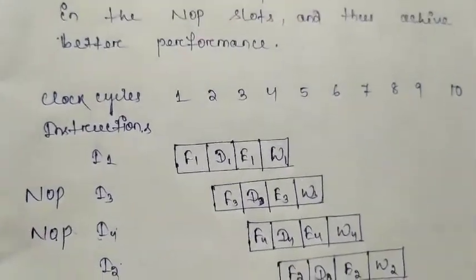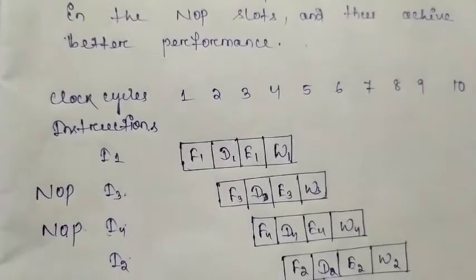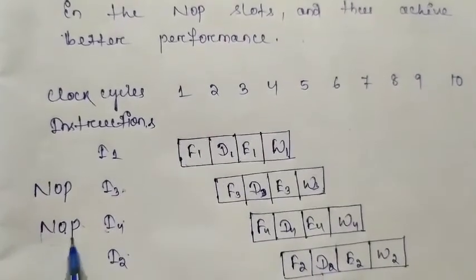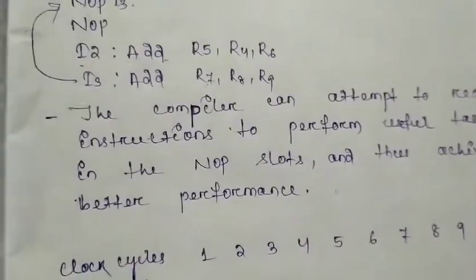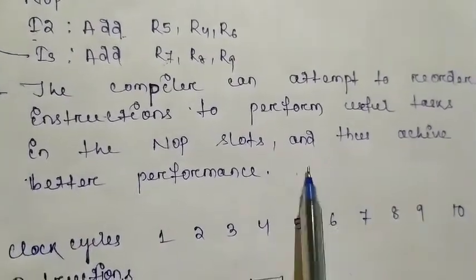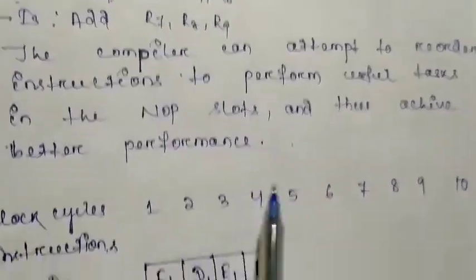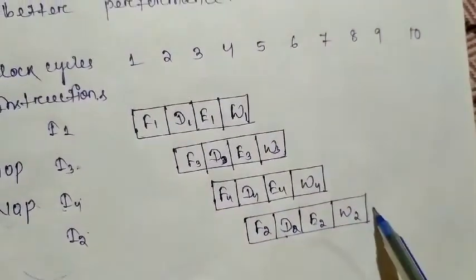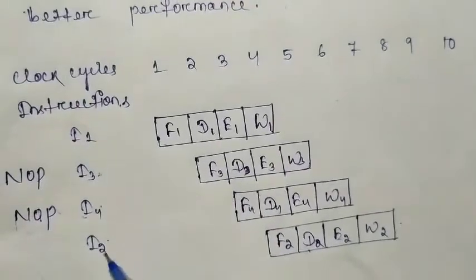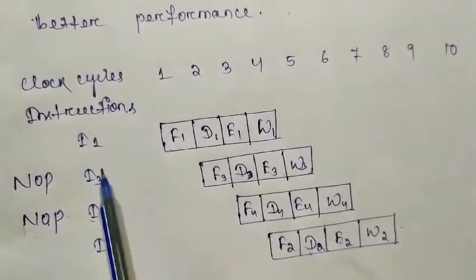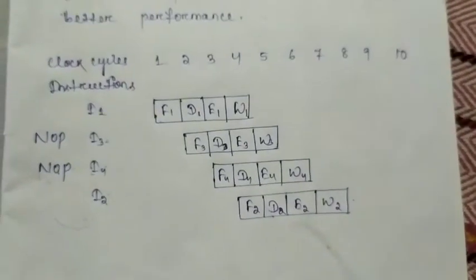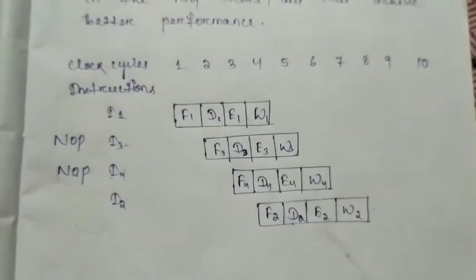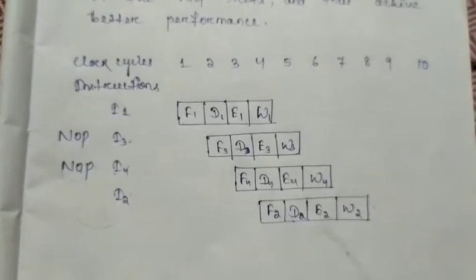First it will reorder, taking I3 here, then in the next NOP slot it takes I4, like this. In this way it can achieve better performance. That means in 7 clock cycles you can completely execute these 4 instructions. This is the way in which we can handle data hazards.